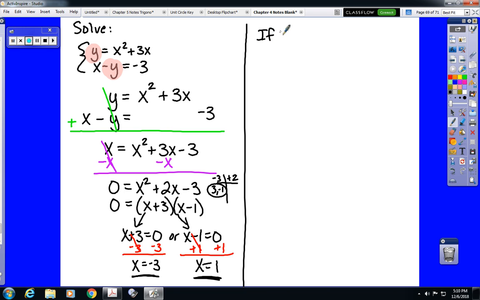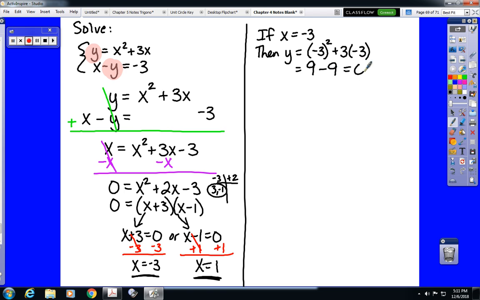So if x is equal to negative 3, which is our first answer down here, then y is equal to x squared, which would be negative 3 squared, plus 3 times x, 3 times negative 3, and that's what we have to evaluate. So that would be 9 minus 9, or 0.